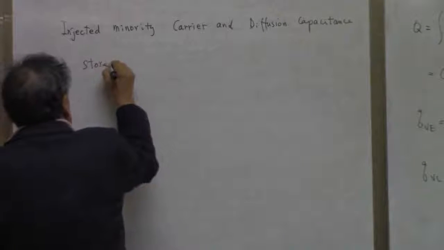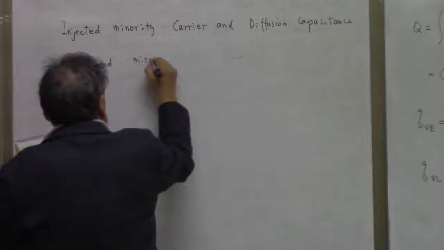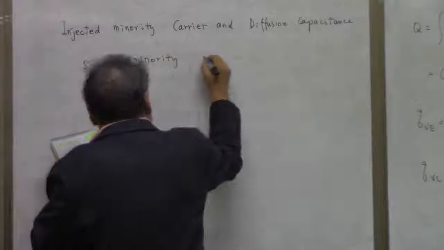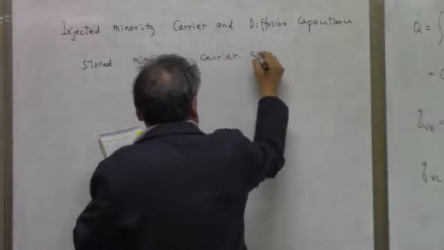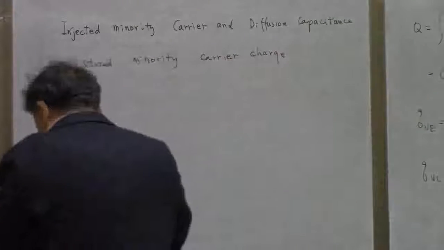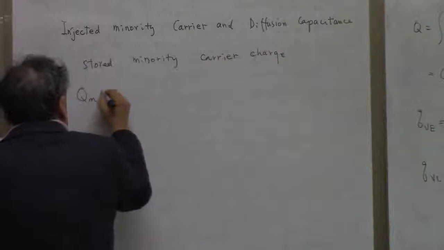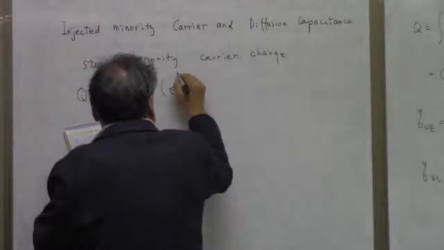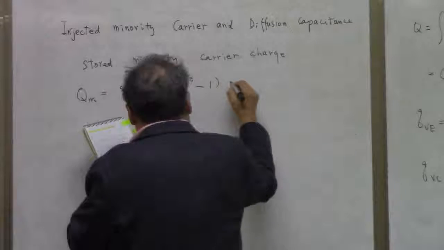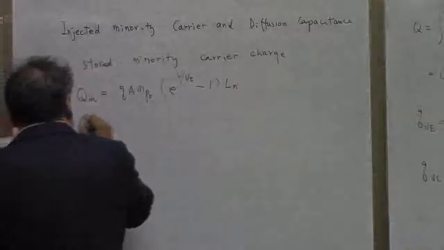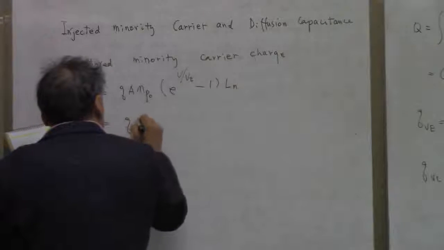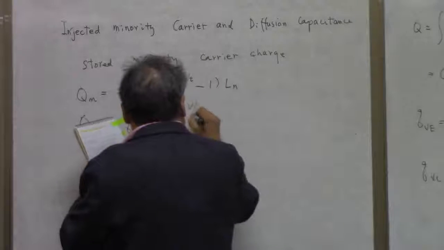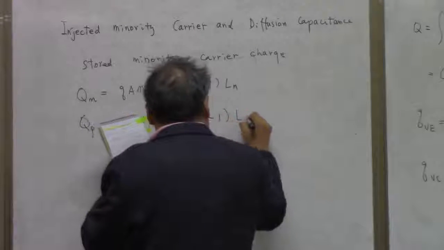The stored minority carrier charges in the emitter is going to be Qn, q A p n0 e to the V over Vt minus 1 times Ln. And the Qp in the base is going to be q A n p0 e to the V over Vt minus 1 times Lp.